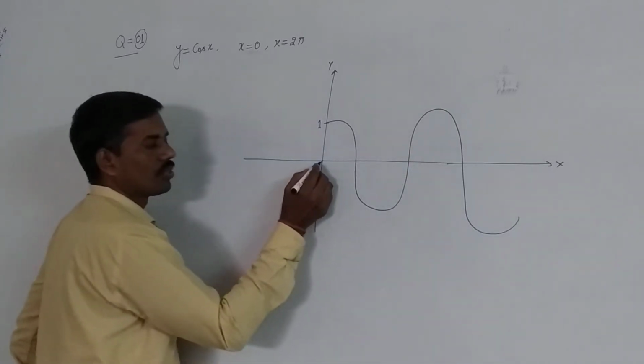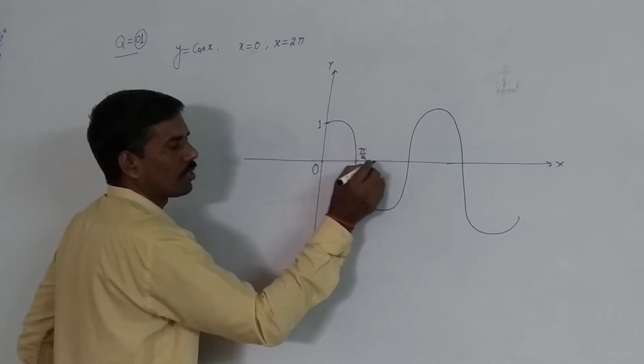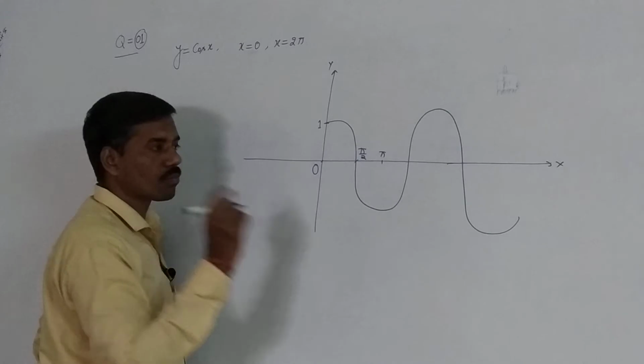This is 0 degree, this one is pi by 2, this one is pi, and cos pi is minus 1.